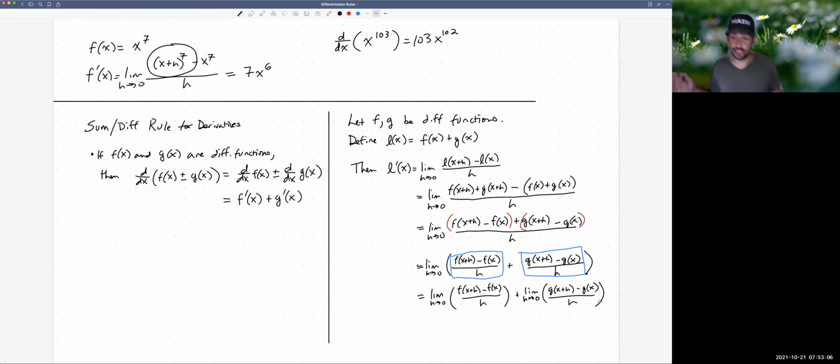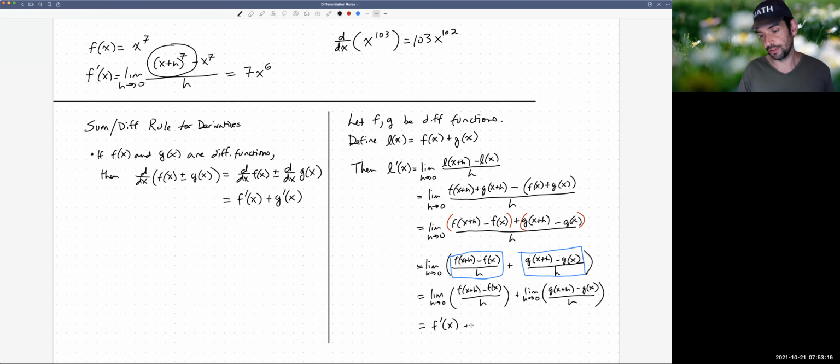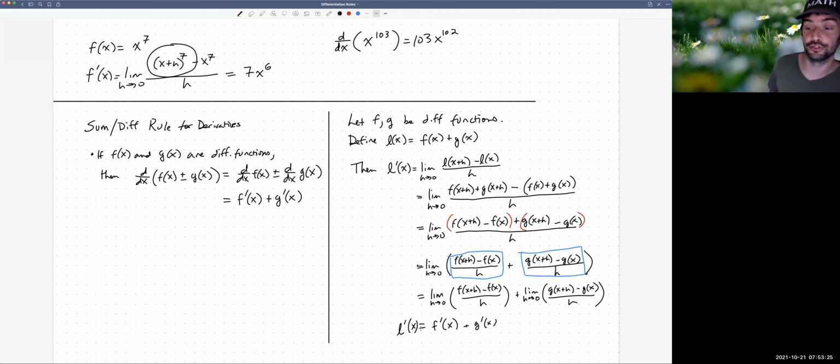f and g are differentiable functions. What are these two things here? These are their derivatives. This first one is the definition of f prime of x. The second one is the derivative, g prime of x. So this function, which is defined to be the sum of f and g, its derivative is just the sum of those derivatives, right? This is great.